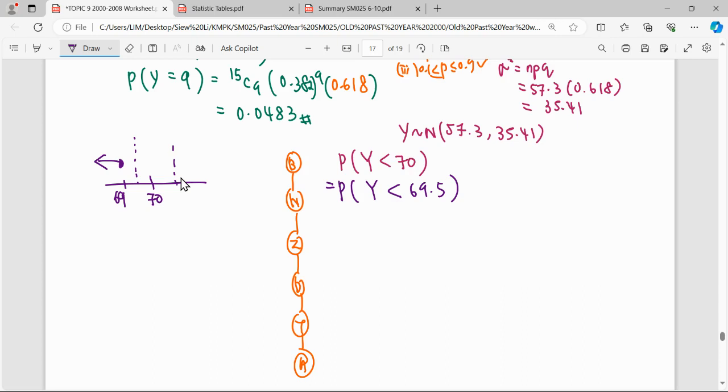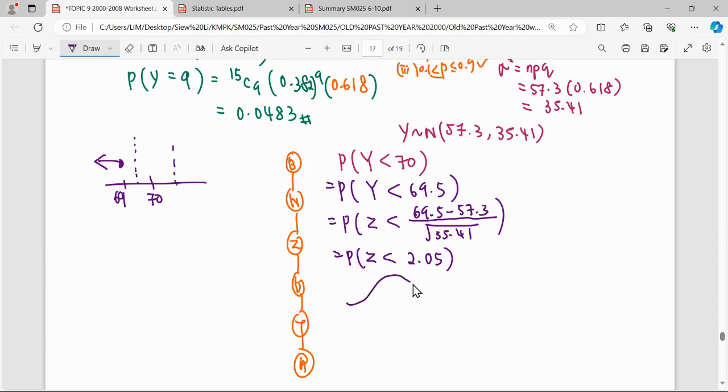Alright, so continuity correction 69.5. Then we change to Z, which is minus mean over standard deviation. In two decimal places, 2.05.